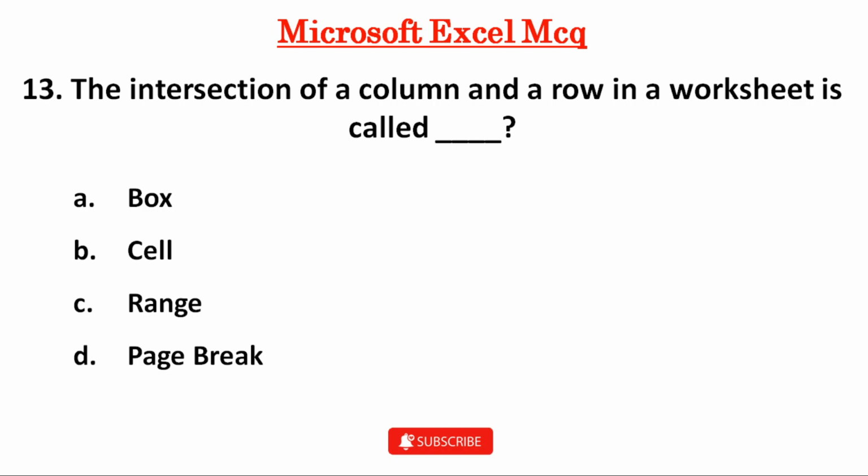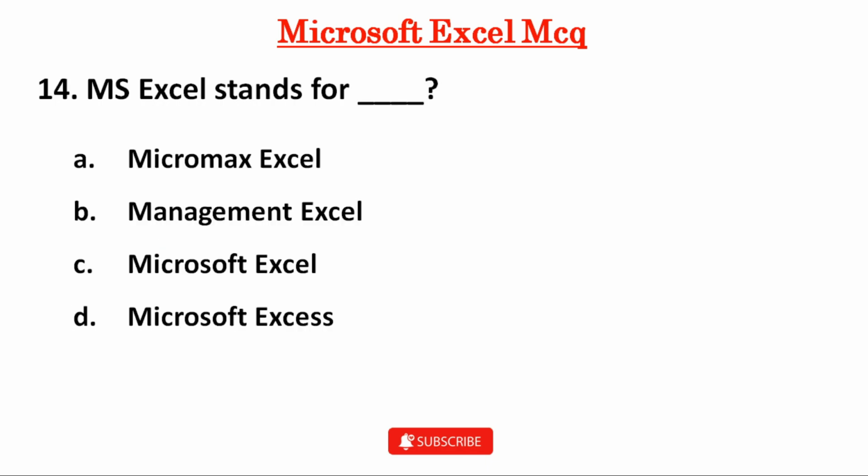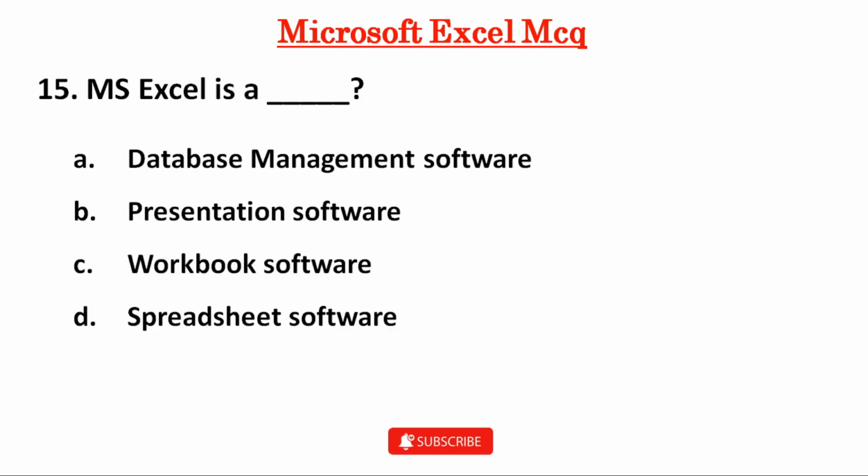Next, the intersection of a column and a row in a worksheet is called dash. Right answer is cell. Next, MS Excel stands for dash. Right answer is Microsoft Excel. Next, MS Excel is a dash.